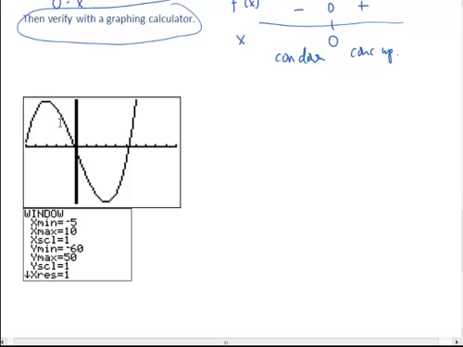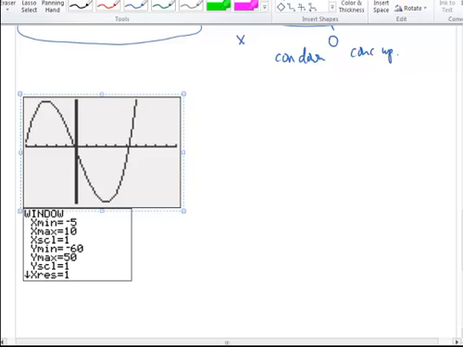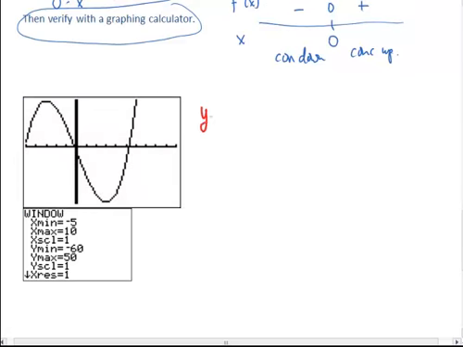Okay, everybody, so I graphed it on the graphing calculator, and we're looking at a picture of it, and this is the function y equals x cubed minus 27x minus 5, and notice I had to use these window settings so I could make the graph fit.